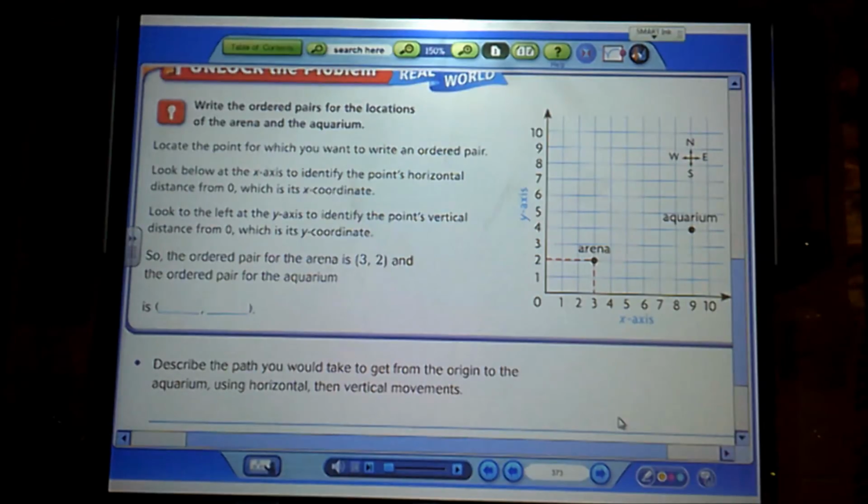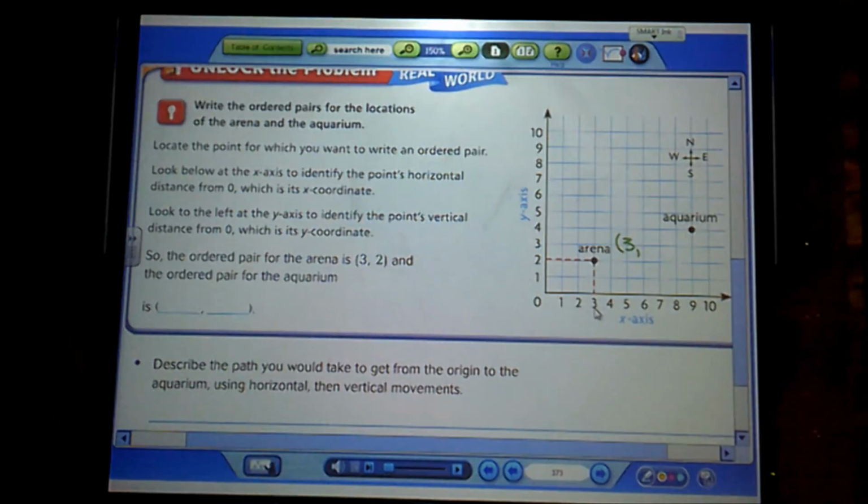And starting from 0, 0, we go over 1, 2, 3. And we can see that that arena is right above the number 3. So that means the first number in my ordered pair is a 3 for the arena.